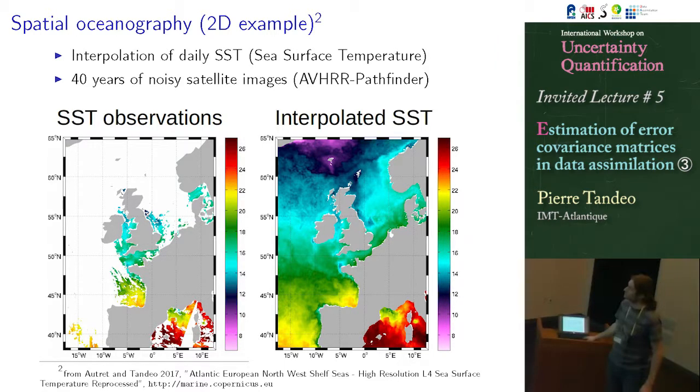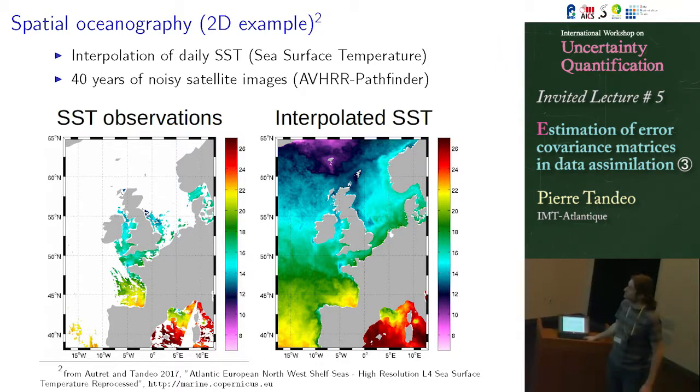And you can see that most of the time we have observations and sometimes none. This is due to the presence of clouds. Basically the satellite is measuring the temperature of the cloud, and we are interested in the temperature of the sea, so we remove this information.